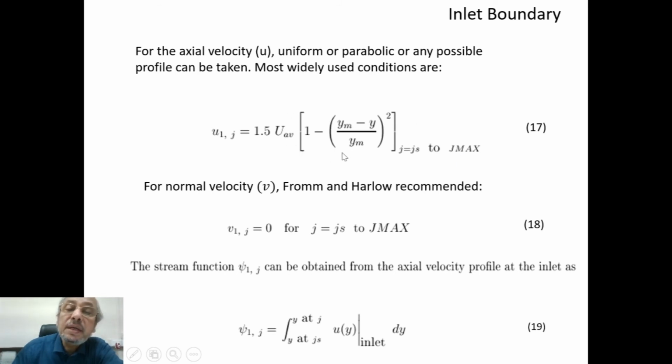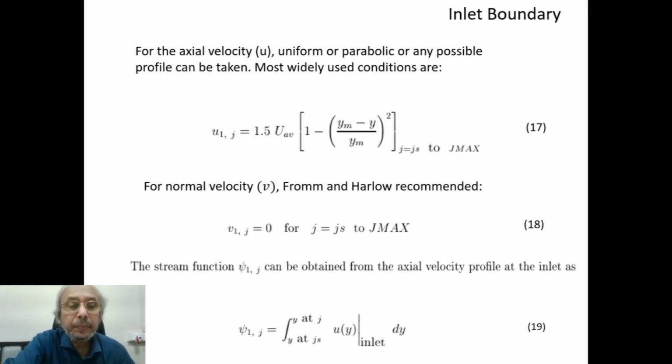It makes a parabolic velocity profile with the center line velocity as 1.5 into u average, or 3 by 2 into u average. And this will give the variation in the y direction, parabolic variation, equation 17.